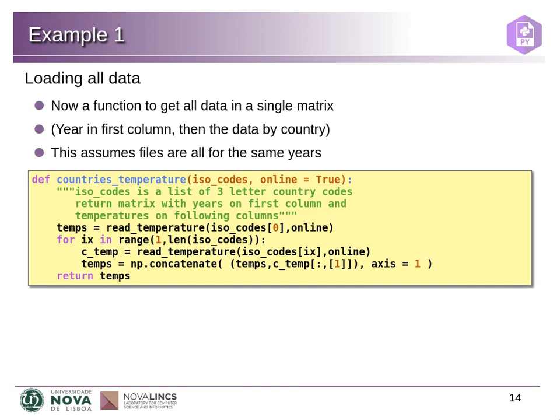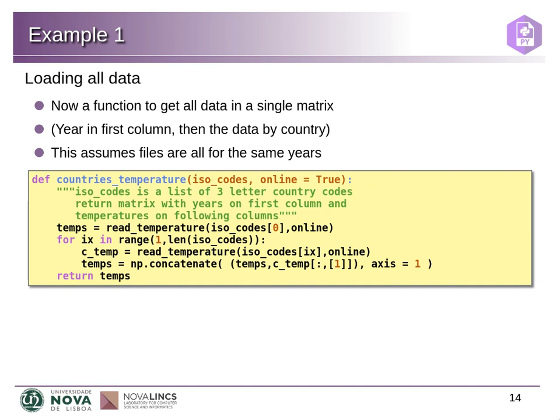So this function here will receive the list of ISO codes for the countries that we want, and we'll also have this optional argument there with the default value of true. So if this function is called only with the list of codes, then it's assumed that we want to get the data from the server. If it has a false there, then it will get the data from the local drive.